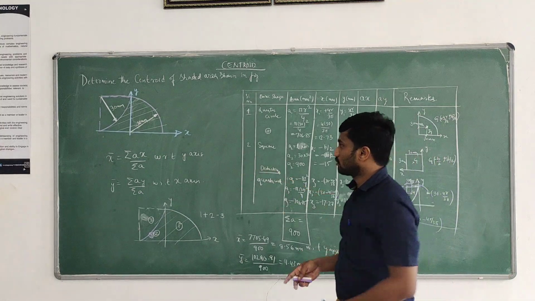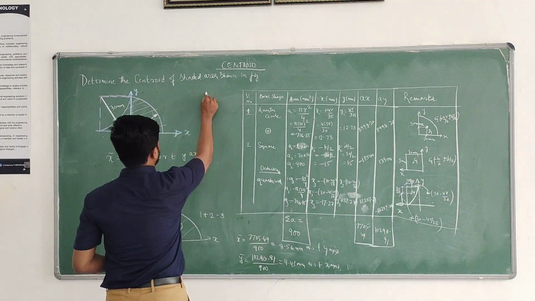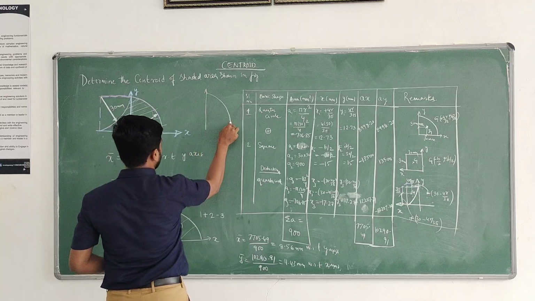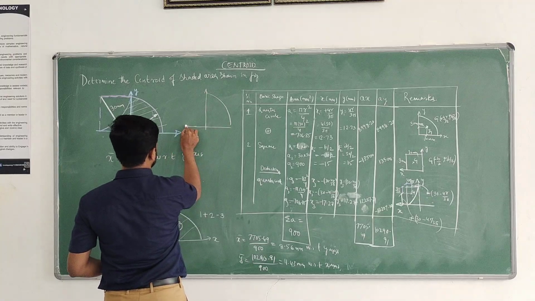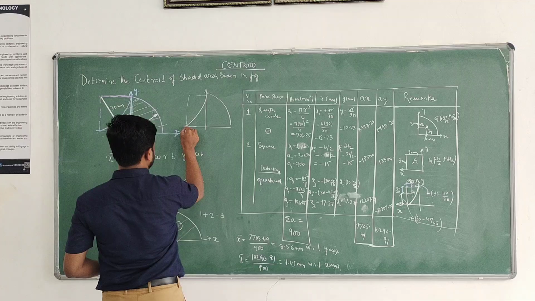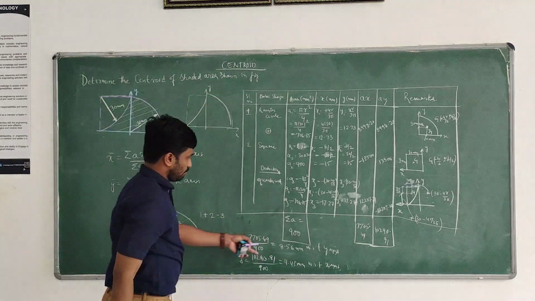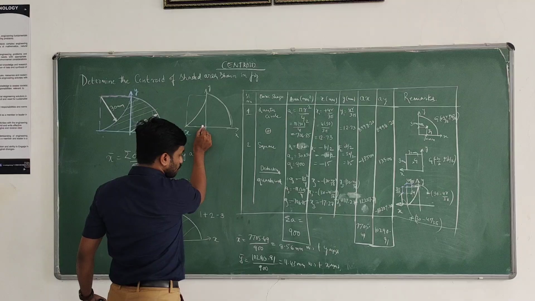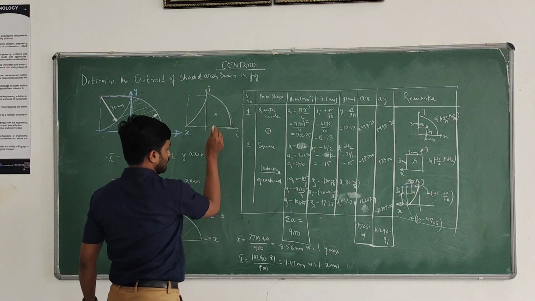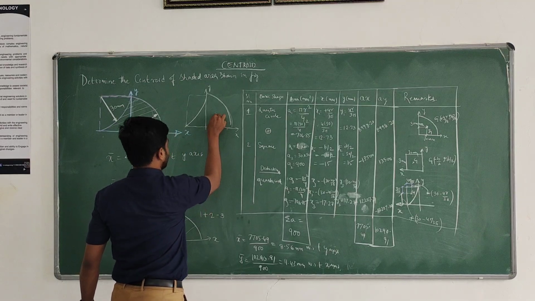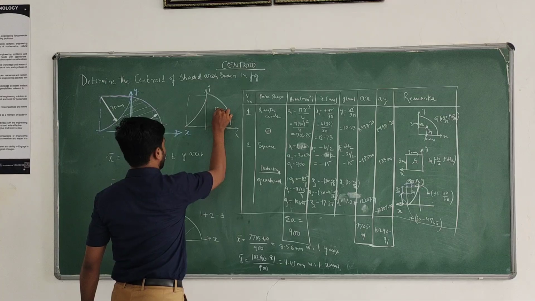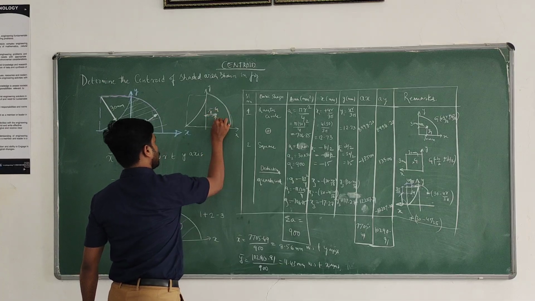So if you are going to represent this centroid, both x and y we are getting positive values. So from y the distance is 8.56, from x the distance is 11.43. This is G, this is x bar and this is y bar.